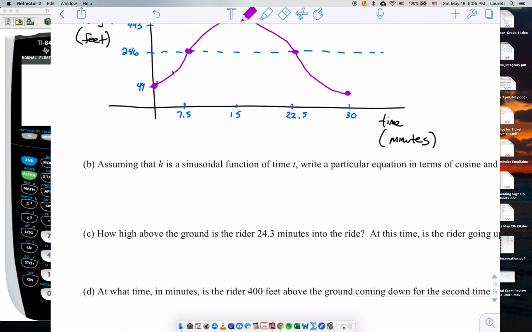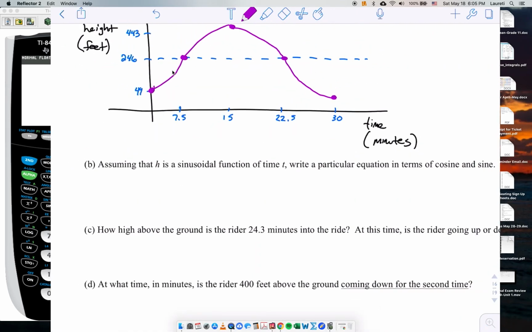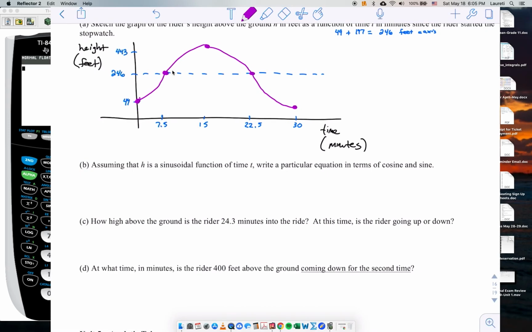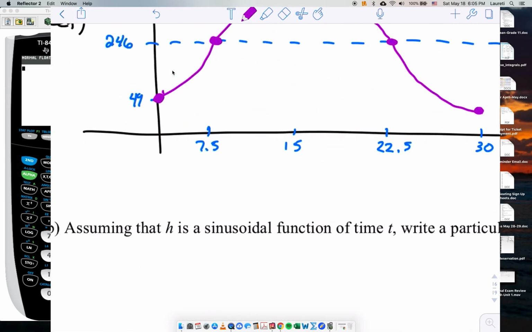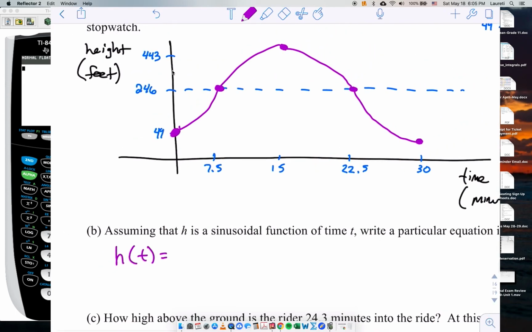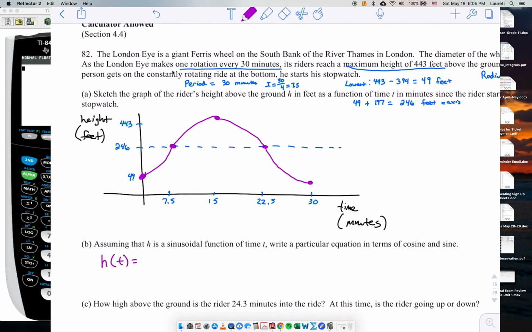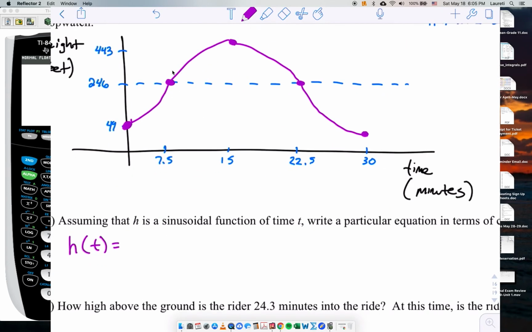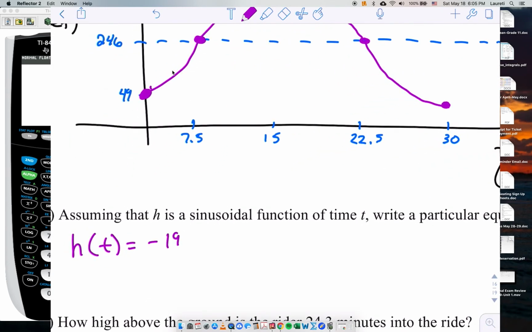Now it says, assuming that it's sinusoidal, write a particular equation in terms of sine and cosine. Okay, so if I'm going to start at the bottom here, at 49, that's a cosine point, right? So we're going to say h of t is, now we said the amplitude was 197, so it starts at the bottom, so it's negative 197 cosine.